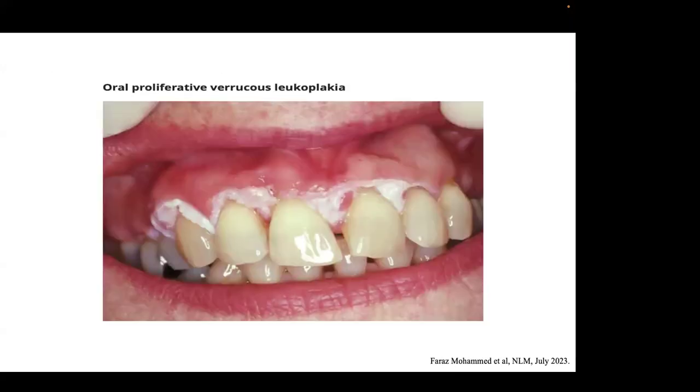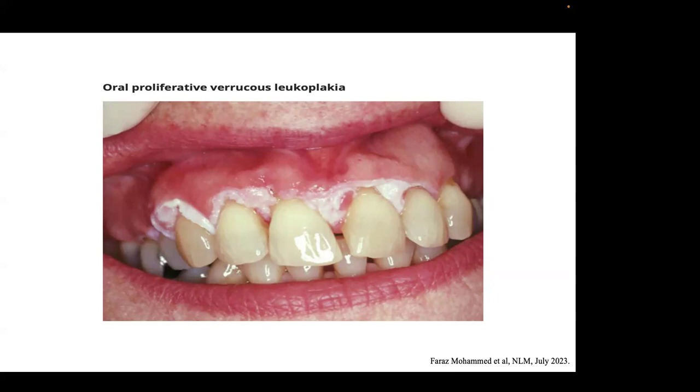And I just wanted to add to whatever you have said regarding the verrucous lesion, proliferative verrucous leukoplakia. It is usually more present in females, and it is less associated with tobacco usage, and it is more aggressive. That is something interesting here, sir. We think that a person who is consuming smoke, having carcinogens like nicotine, will have higher chances of malignancy.